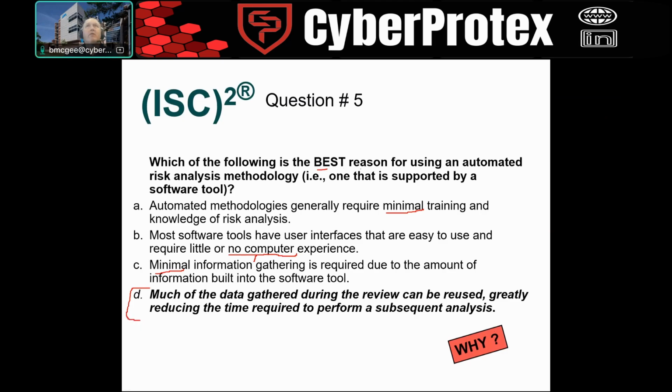Of these, the best reason for using an automated risk analysis methodology, I think about being able to, if I'm using maybe a script that I created to check for STIGs, reuse that over and over again. For me, the 50-50 here would, as a software engineer, whoever are software engineers, yeah, this is what we think whenever we create our programs or our software.